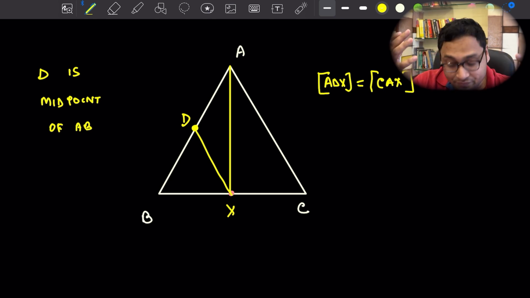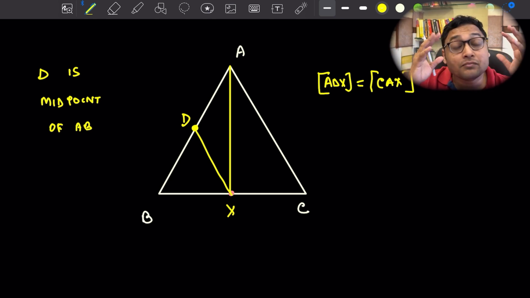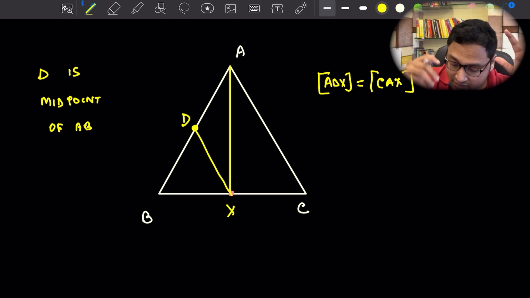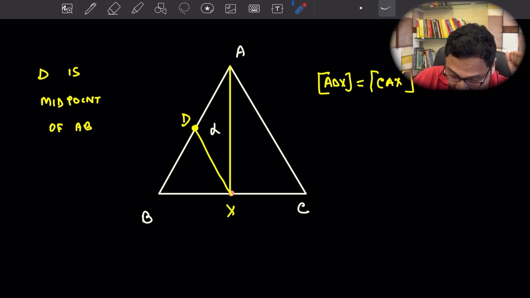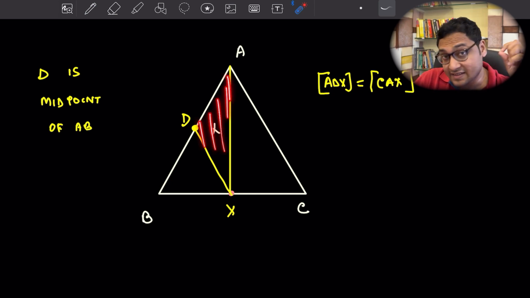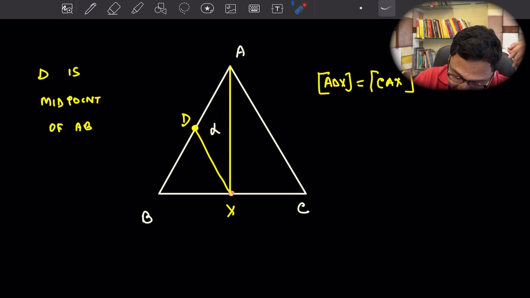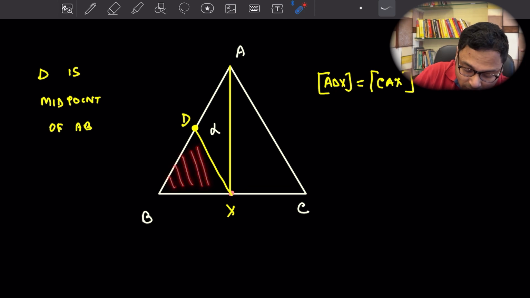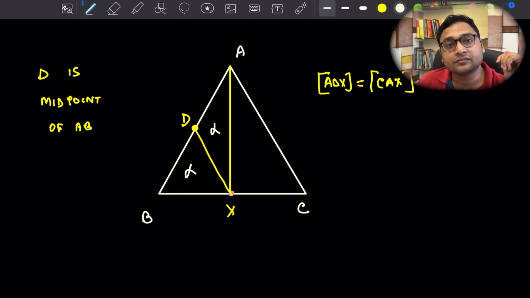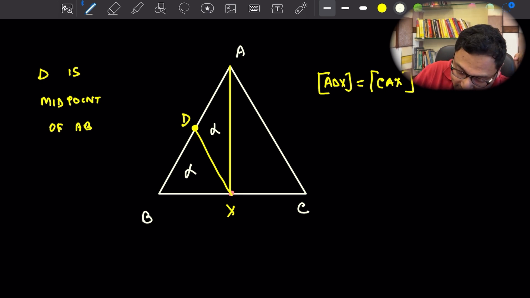Well, let's see. So if D is the midpoint of AB, suppose the area of ADX is alpha, then area of BDX is also alpha, right? Why? Because this is the median.